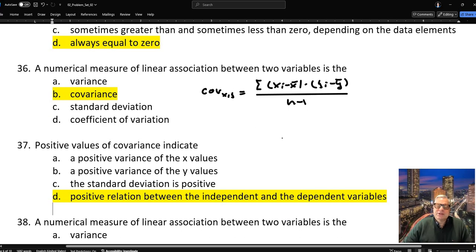So I use this example. Let's say if you imagine you have a sample of people and you look at their height and their shoe size, then people that have an above average height, they probably have also an above average shoe size. So then we multiply something positive with something positive.